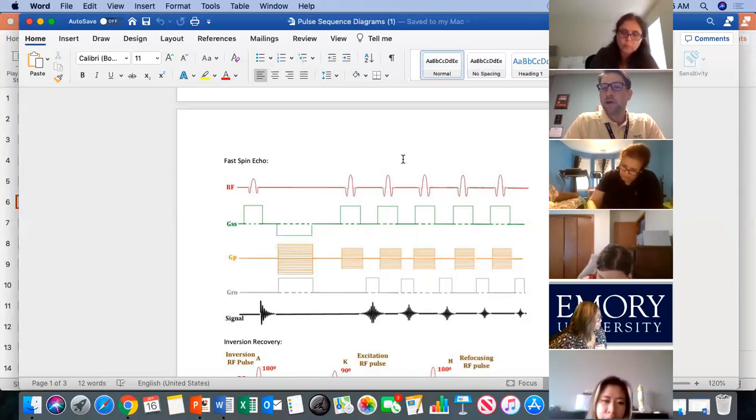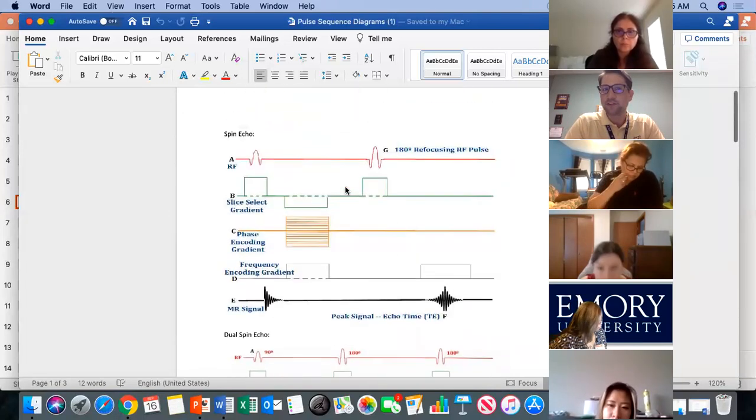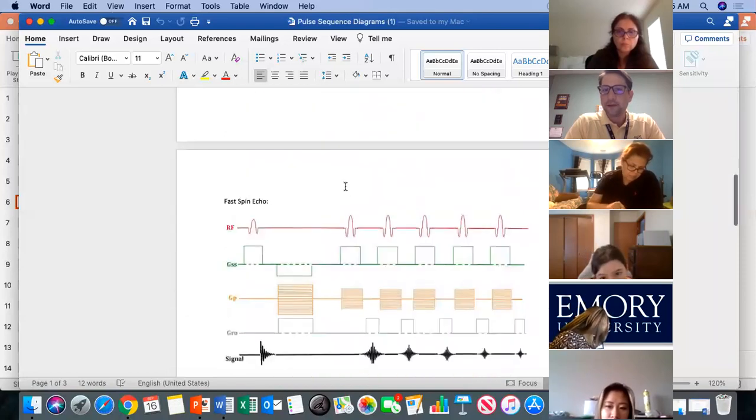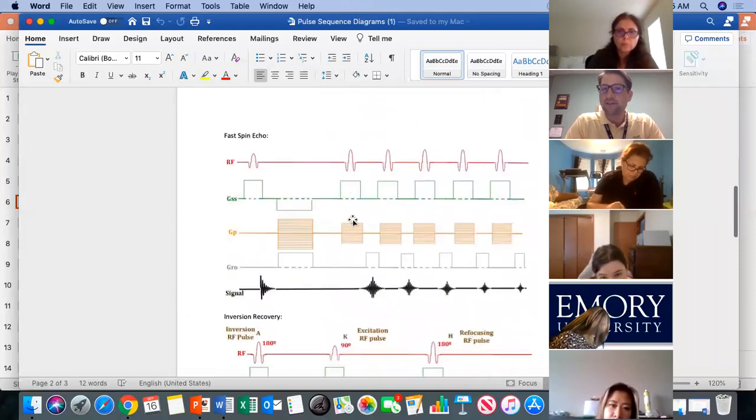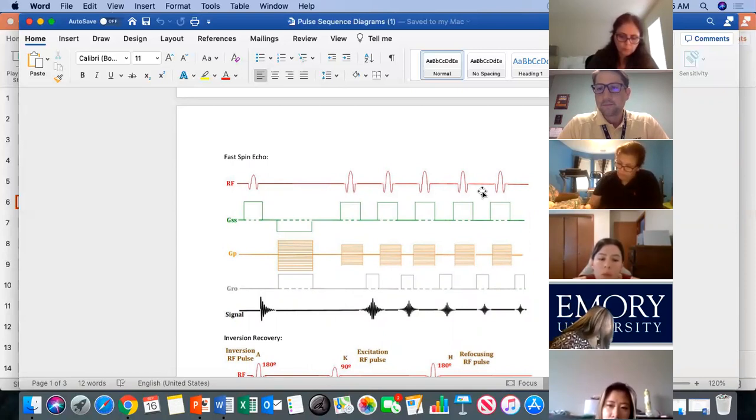So if you had a 5-minute pulse sequence up here with just a conventional spin echo, and then you now have a fast spin echo with a turbo factor of 5, what would we think our scan time would be? Going from 5 minutes down to what? 1 minute? 1 minute, yeah, good, because we just divide it by our echo train length.